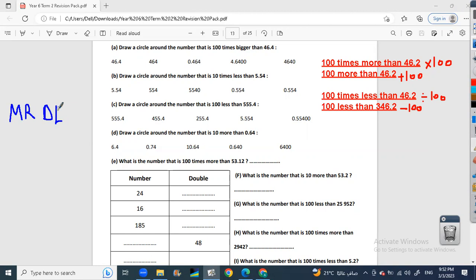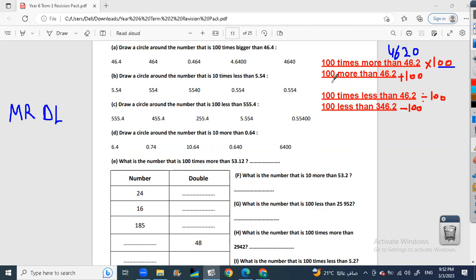Division, move the decimal to the left. So here, I want to multiply by 100, move the decimal to the right 2 digits, because I have 2 zeros. So it's going to be 4, 6, move the decimal 1 digit, another digit, so it's going to become 4620. This is the answer of the first question.